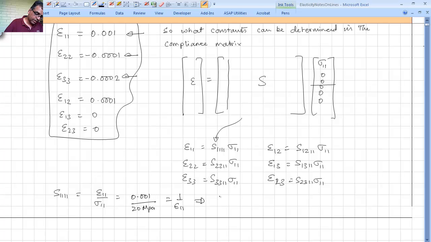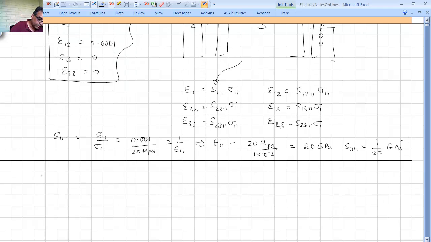So this implies E11 is 20 megapascals divided by 1 times 10 to the minus 3, which turns out to be 20 GPa, and S1111 equal to 1 over 20 GPa inverse. That was easy.